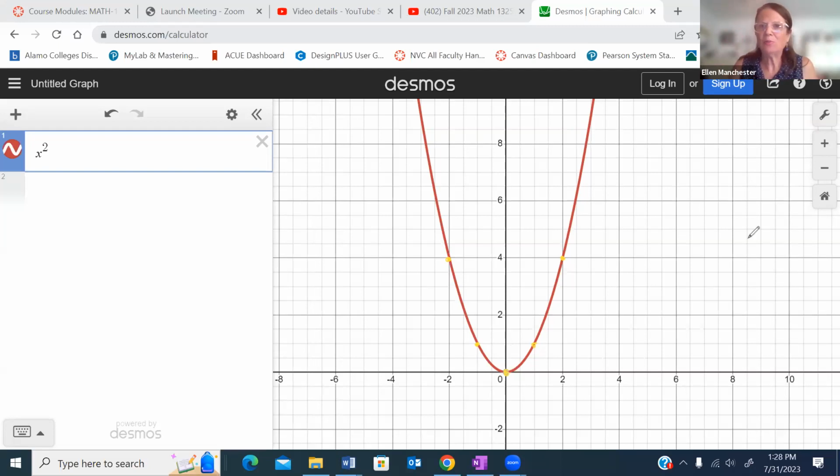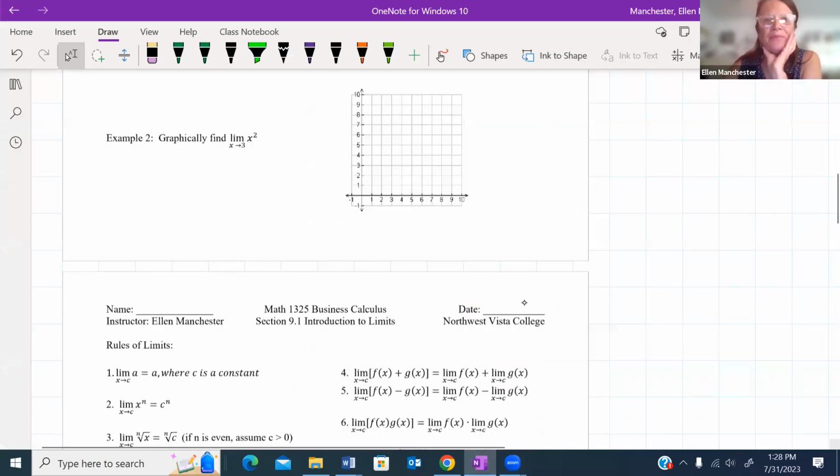Now let me clear this and go back to our OneNote. So we know what the graph looks like. One way to graph quickly, and it's fairly easy, is you set up what's called a T-chart.